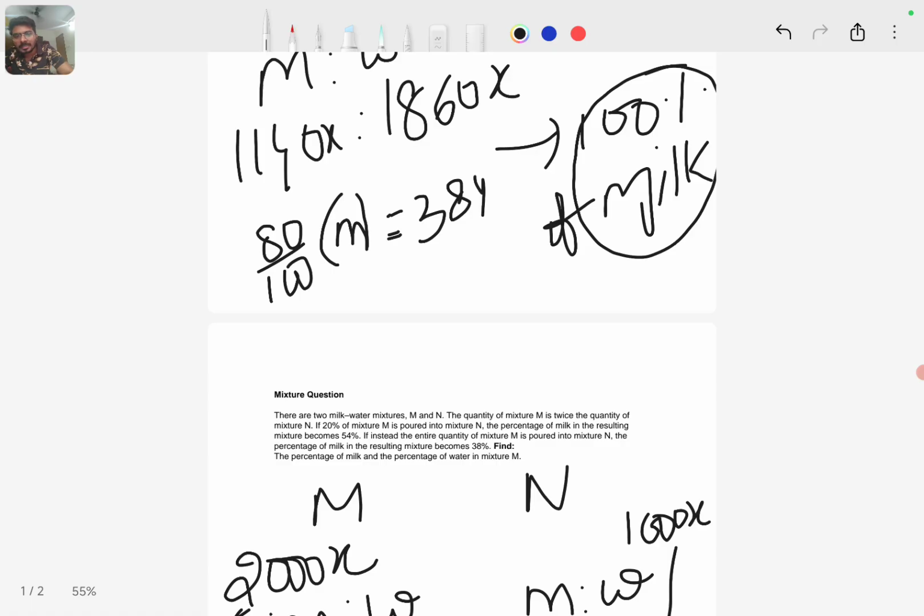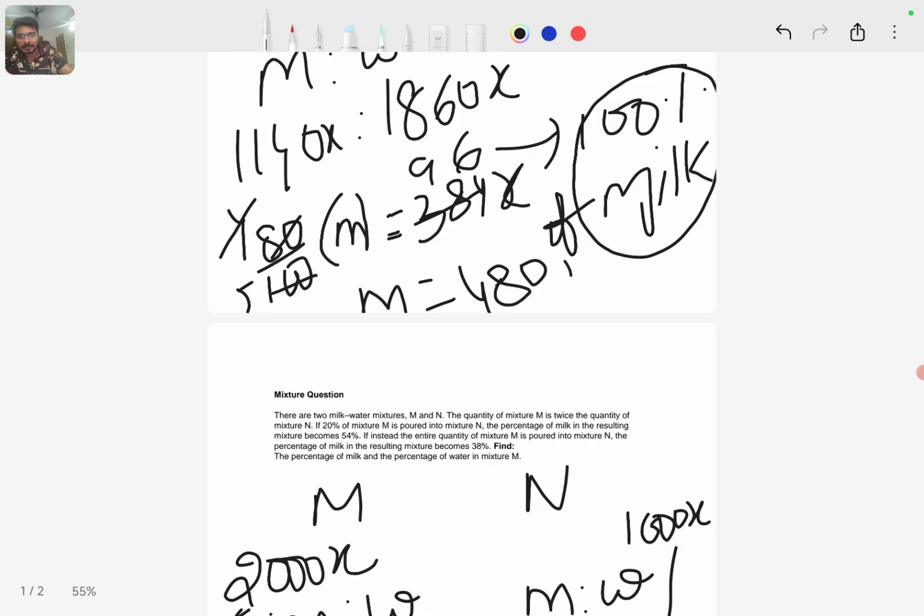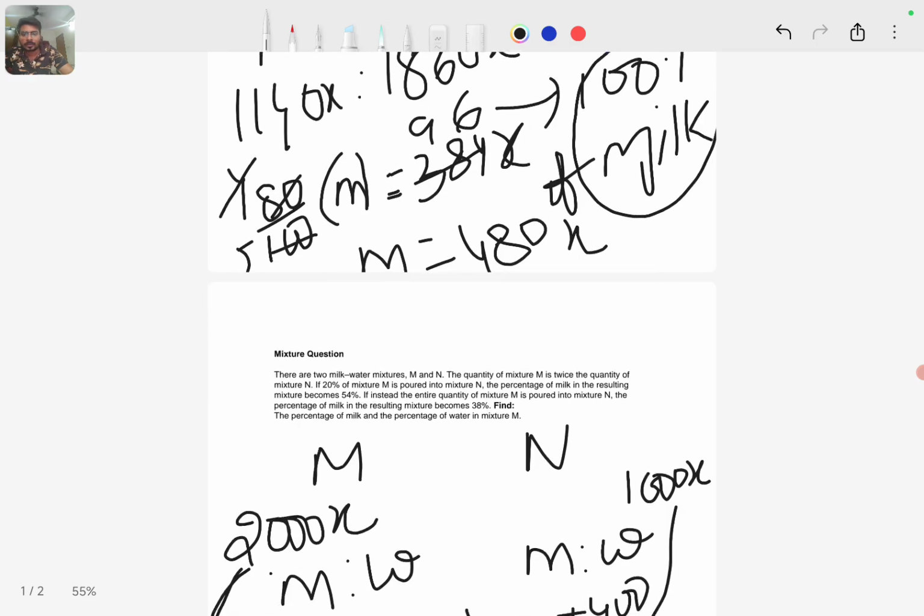So here I will just write 4 by 5. So I will cancel this: 4 nines are 36, 4 sixes are 24. M is equal to 95, 450, 4 fives are 20, 480x. So we got the milk value.